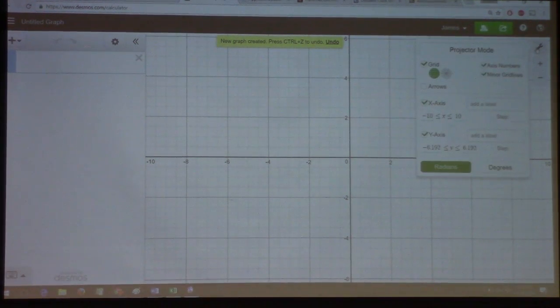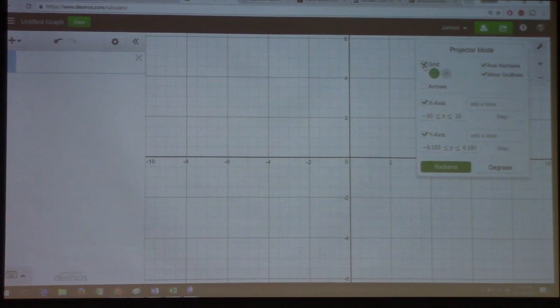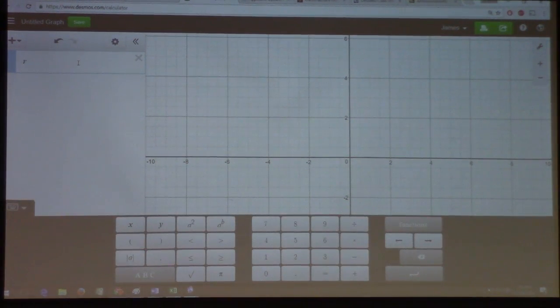Graph settings. I want polar coordinates. There we go.